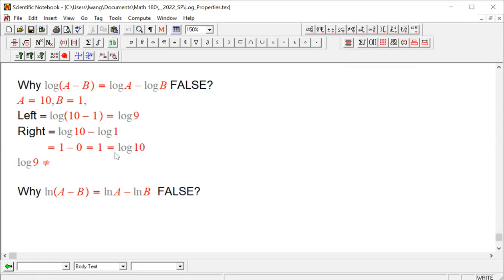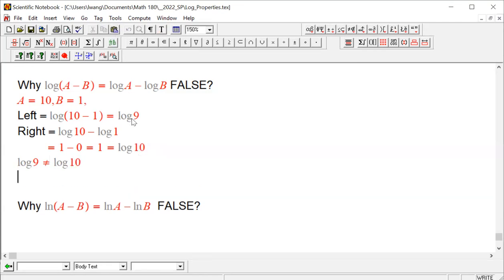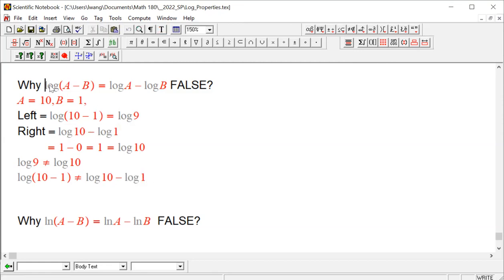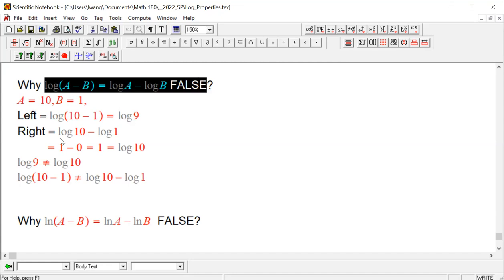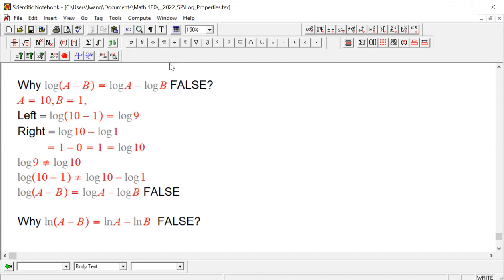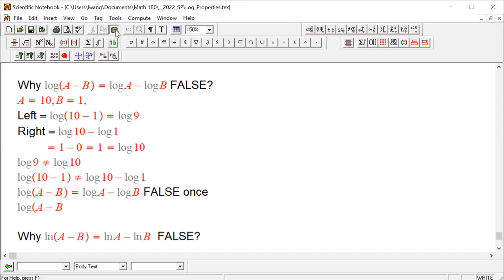You see, the simpler, the easier it is to compare. That means the left-hand side is not the same as the right-hand side in this case. So this is a false one, and therefore it is false.